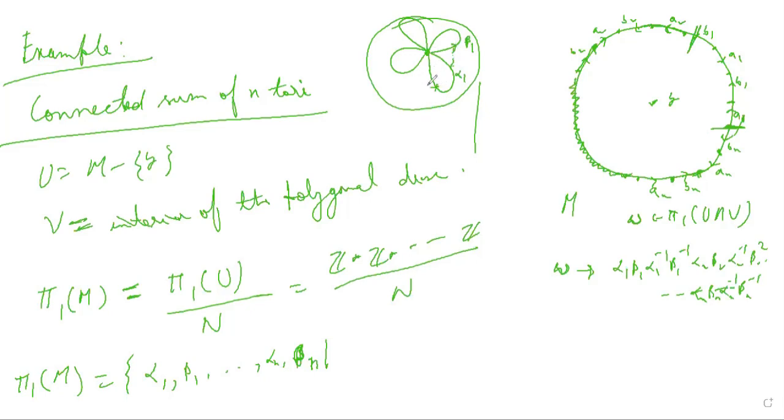So it will go first α1, then β1, then α1 inverse in the opposite direction, then β1 inverse in the opposite direction, then α2, β2, then α2 inverse, β2 inverse, and so on. So we'll denote α1, β1, α2, β2, ..., αn, βn.